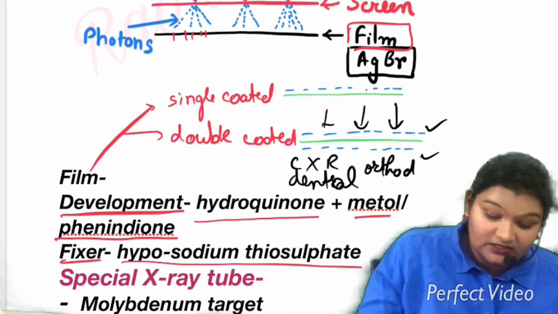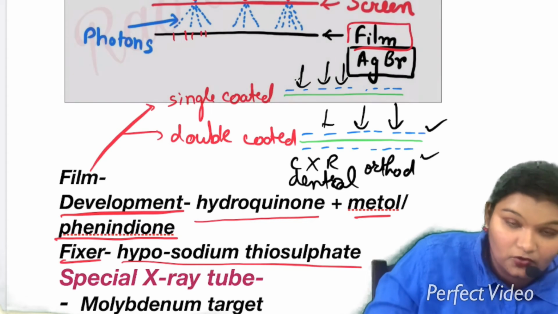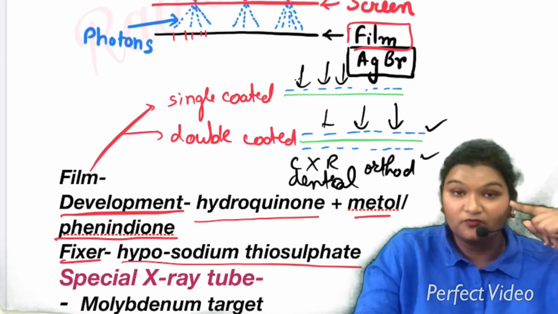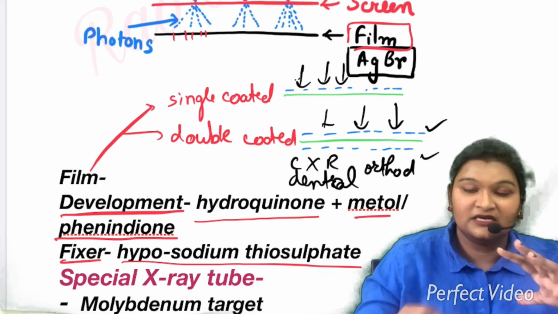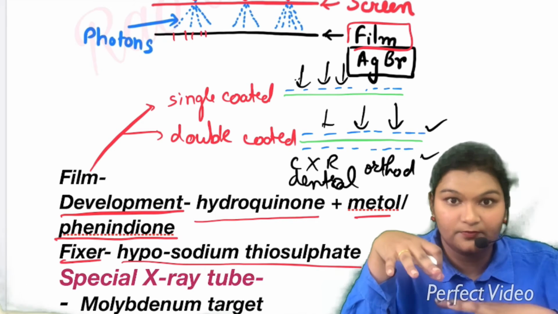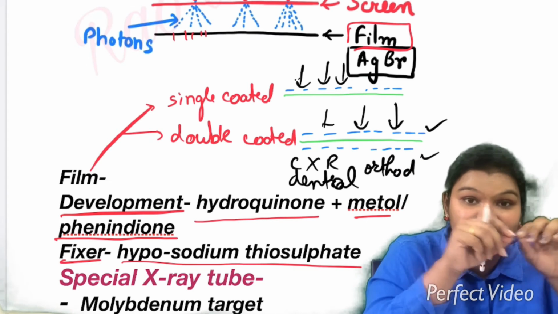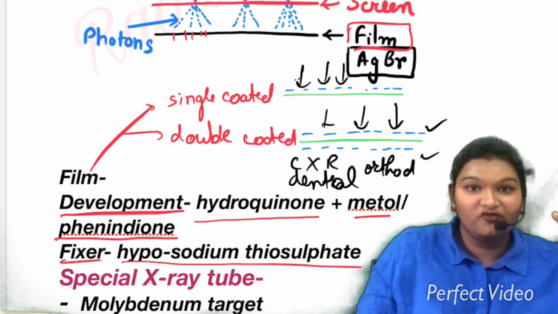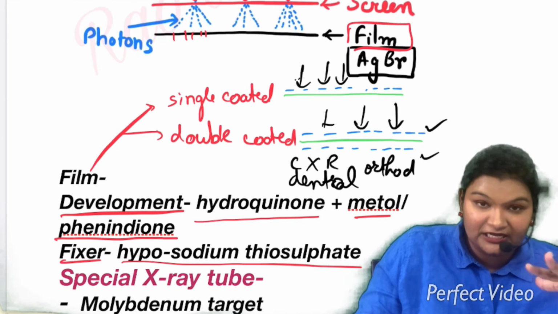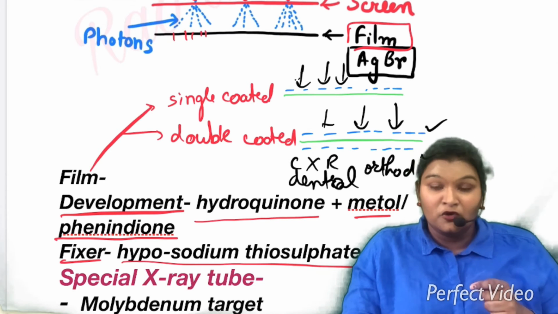Now let us move towards the single coated films. When the X-ray hits this single coated film, there is activation of only one film. So if there is less amount of X-ray, you get a somewhat low quality image as compared to double coated X-ray, because there is activation of only one film. So to get a proper image in single coated film, you have to intensify the X-ray hitting the film.